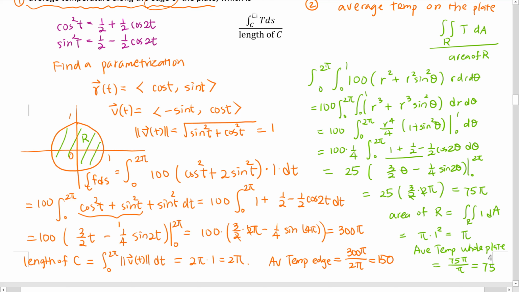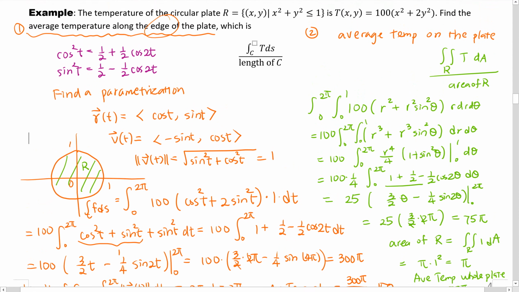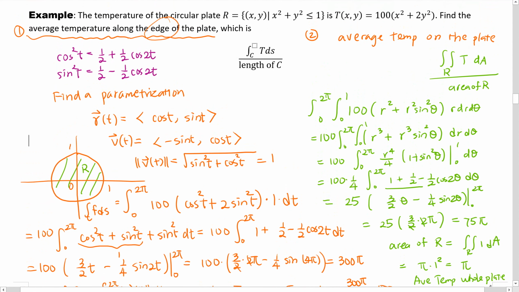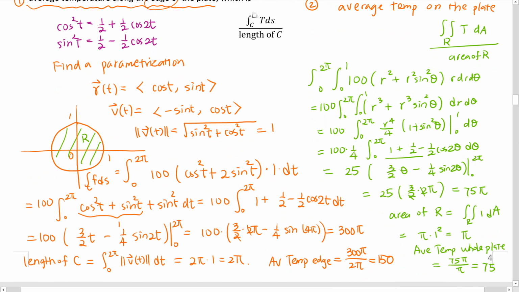When we compute the average temperature of the whole plate, we're working on the double integral, and we don't need a parameterization for the curve, the boundary of the region. We don't need that. So far, so good, everybody. If you have questions, feel free to print screen and ask me. Okay, let's continue.